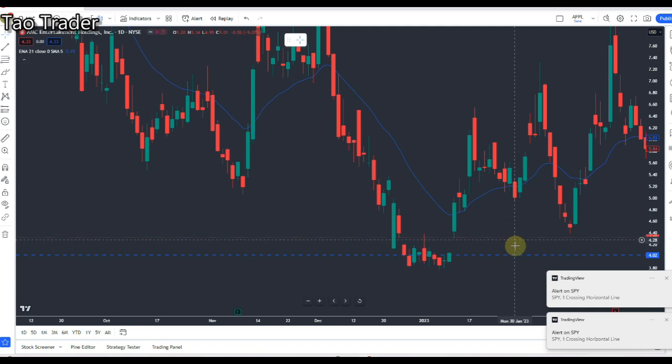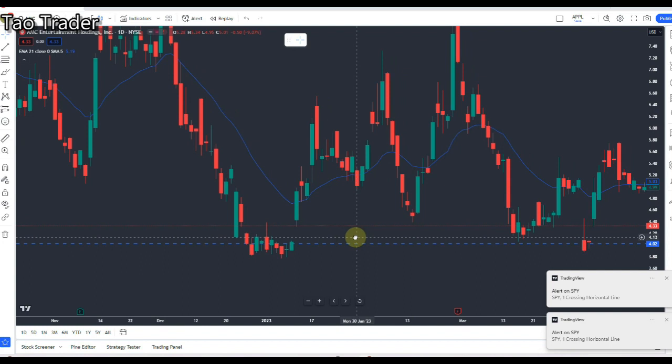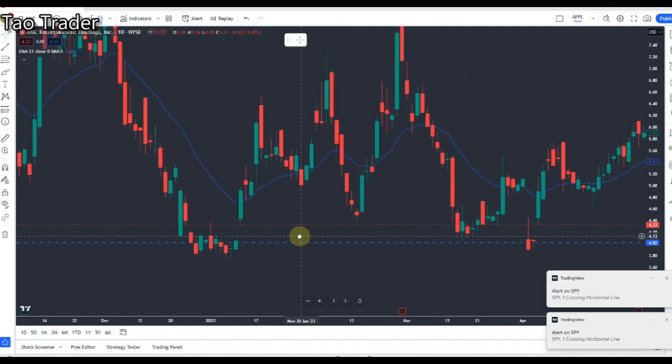Again, let's find some more. See where that leads us. And I don't like to have too many lines all in the same area. I just don't do it. Here's a good line right here.